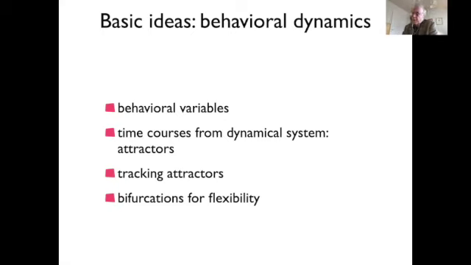So I'll take you briefly through the notion that we introduce what we call behavioral variables that capture the physical state of the system, and the time courses are generated from attractors, enabling the system to actually move, to behave, and I'll point out something about tracking and bifurcations.